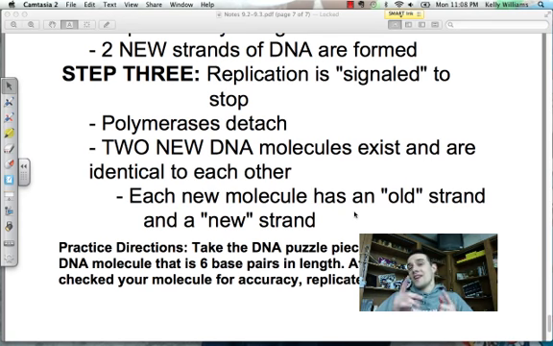We refer to DNA replication as a semi-conservative process, okay? Because again, we're going from one DNA molecule to two DNA molecules. They're not completely brand new. Only one strand of each new DNA molecule is actually brand spanking new. One strand from each DNA molecule is old.